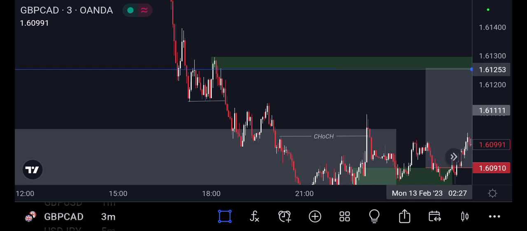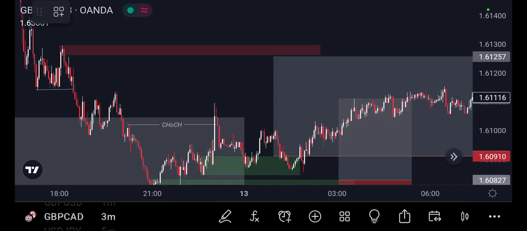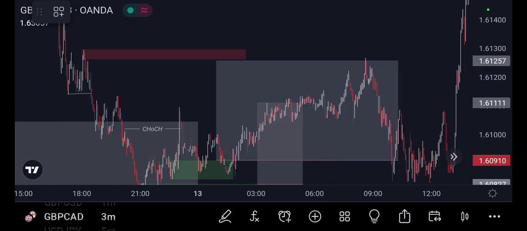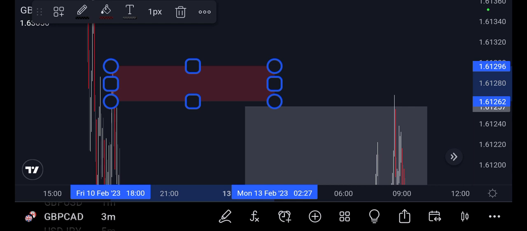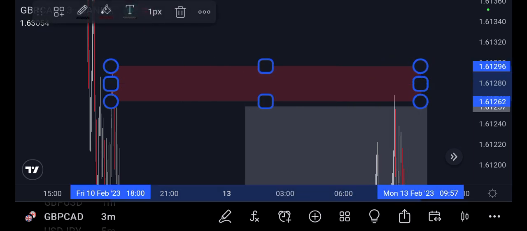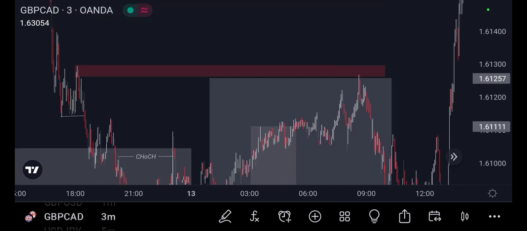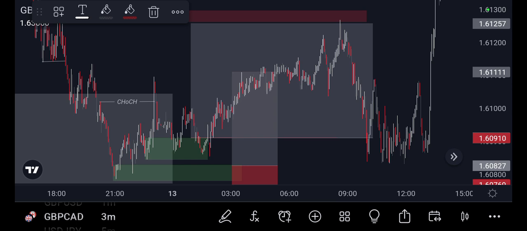This is the supply zone. And that was the zone that price mitigated before falling. So right here now, if you already put your TP, you're out of the market.